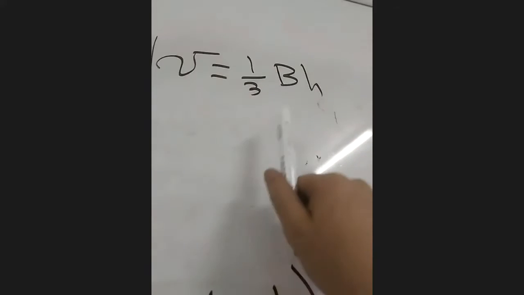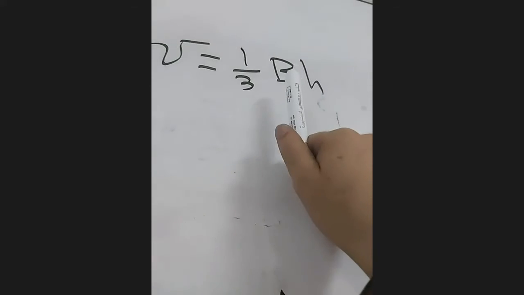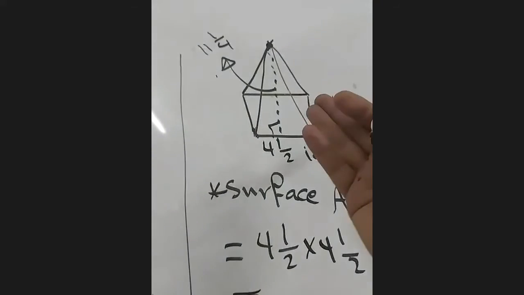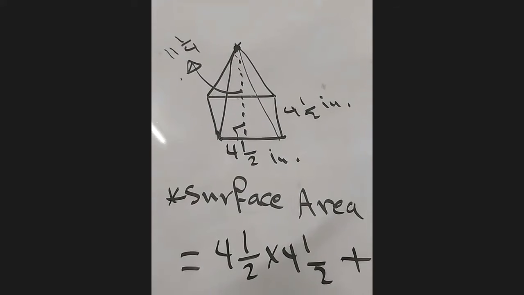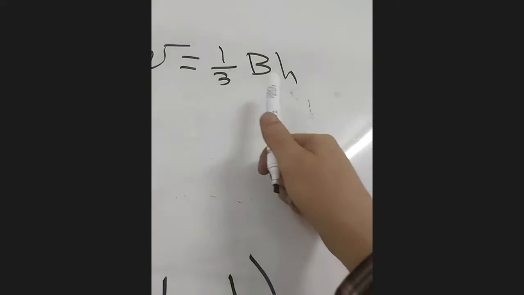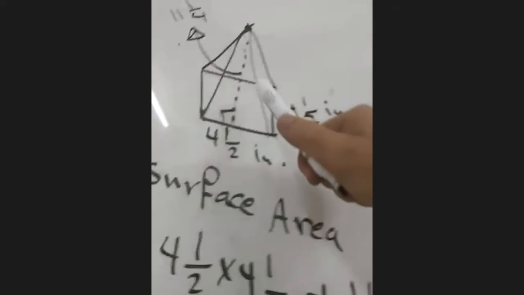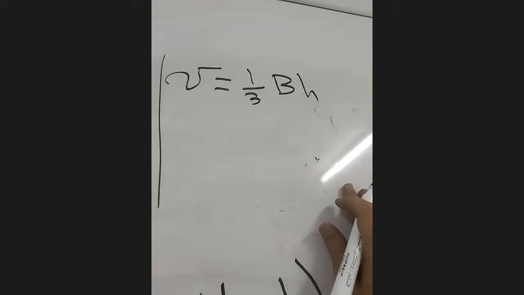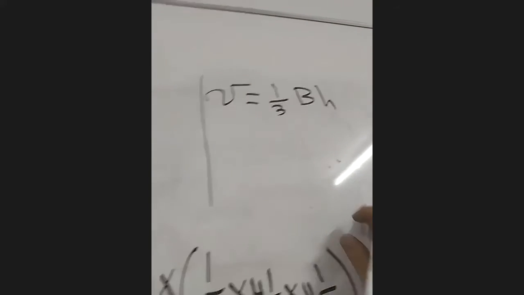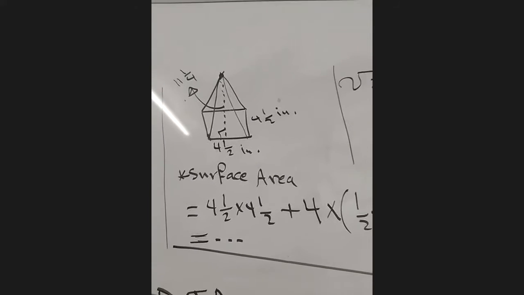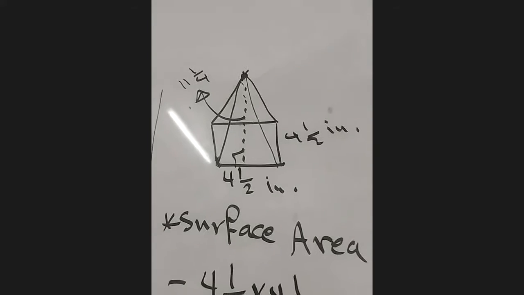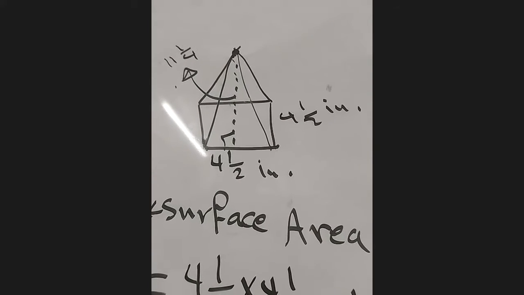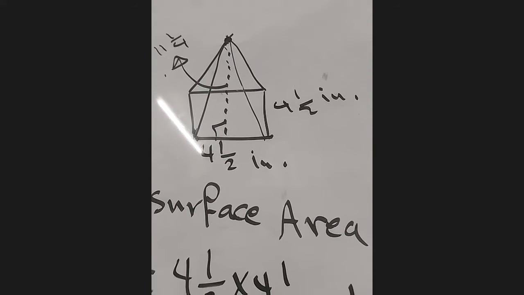The base area here. I want to find the area of the base. Now, what's this in the base? Square. How do we find the area of the square, which is the base? S power 2. Leave the power aside, what's the number? 4 and a half multiply 4 and a half.